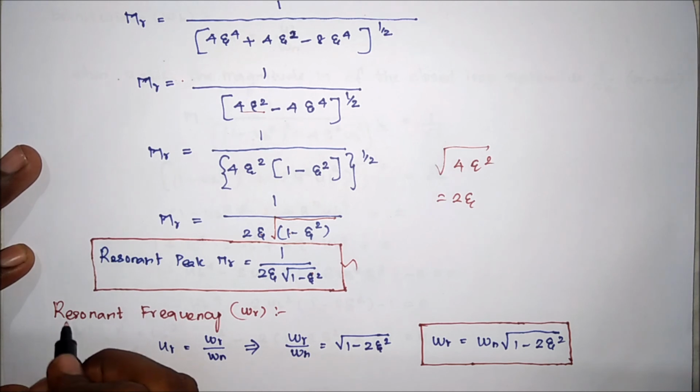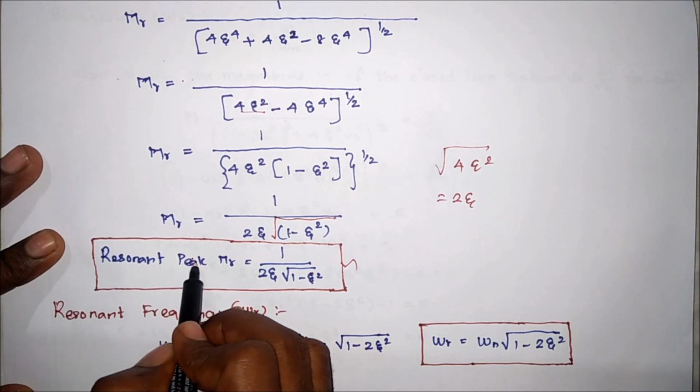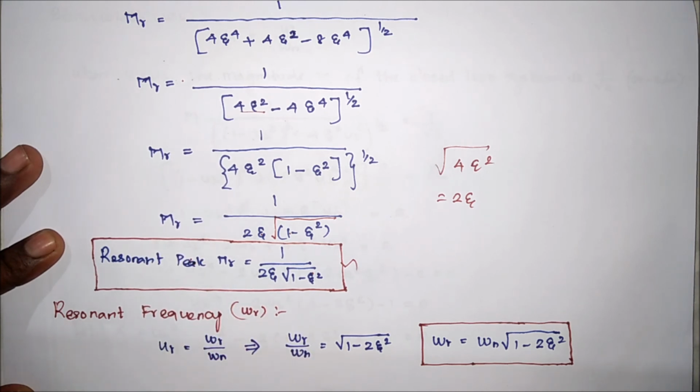The next concept is resonant frequency. So we know the frequency at which the resonant peak occurs is called the resonant frequency. So according to the concept we already know ur equal to omega r divided by omega n. So what do we need? We need omega r. We already know the ur value. So ur equal to square root of 1 minus 2 eta square.